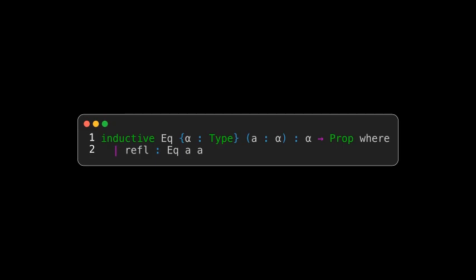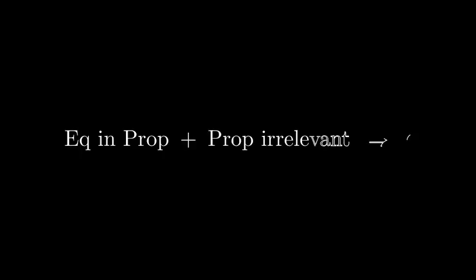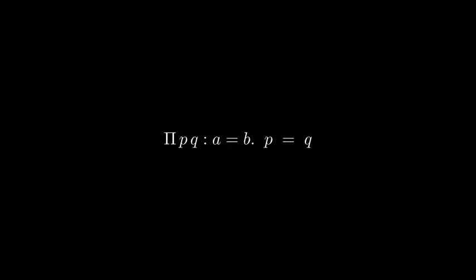Recall equality from the last episode. Defined inductively, one constructor, refl. Now look at where the result type lives, in Prop. That choice has a consequence. If equality lives in Prop, and Prop is proof irrelevant, then any two proofs of a equals b are themselves equal.